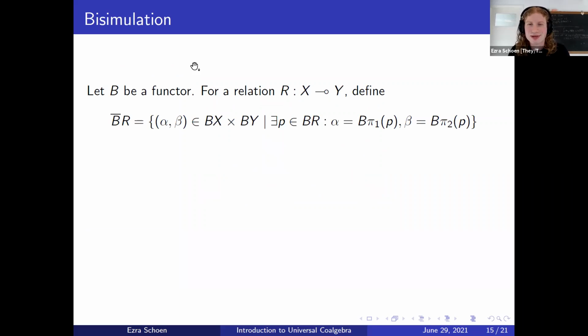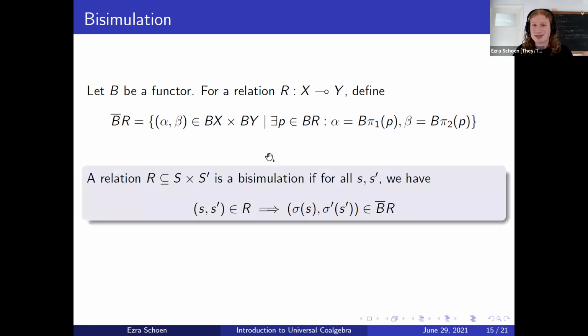So maybe to spell it out, if we have a relation from X to Y, then we can define the lifted relation as taking all pairs of possible behaviors that are possible to identify by some P. And this lifts the relation R to a relation between BX and BY.